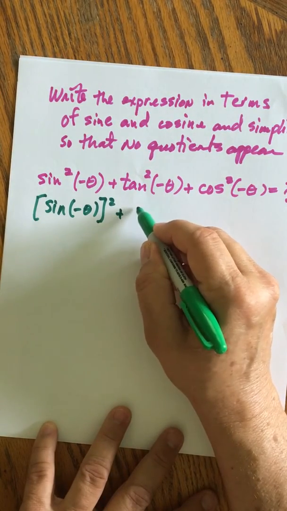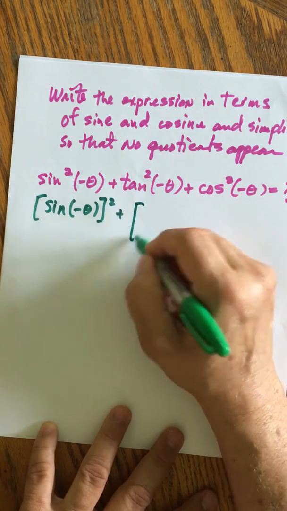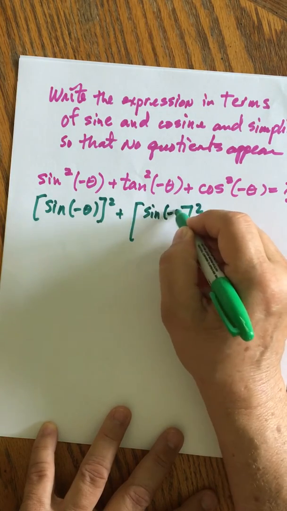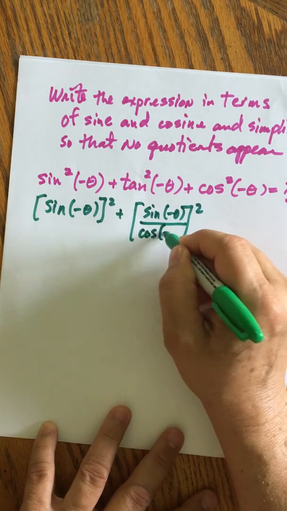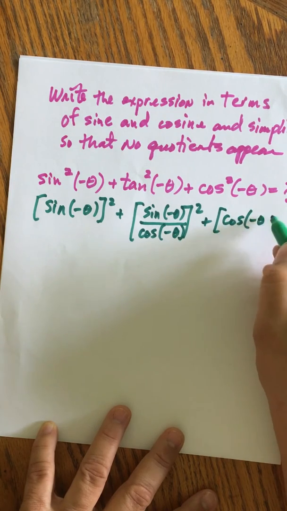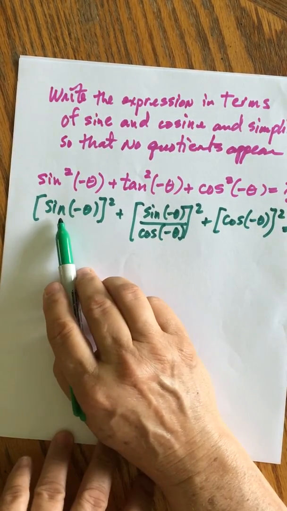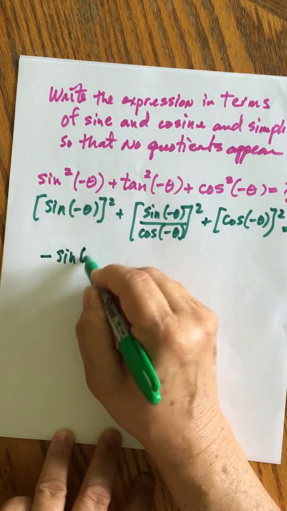And then let me go ahead and change this into sine over cosine squared, right? And then plus, here we're going to have cosine of the negative angle squared, right? Now, we know that the sine of the negative of the angle is the negative of the sine of the angle, right? So that's here.